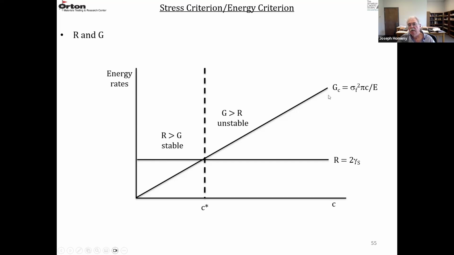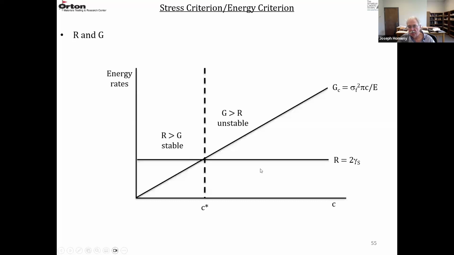And then this is G, σ squared πC over E. So as we increase the stress, this curve actually starts out down here and moves upward. And when it crosses this point here, that's the critical strain energy release rate at the critical fracture stress. So G becomes greater than R and fracture takes place.